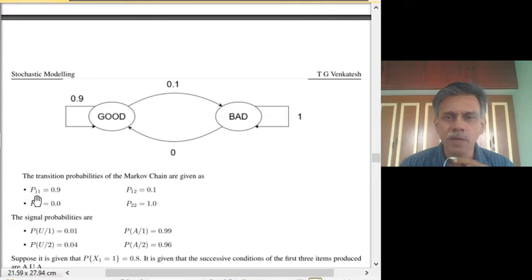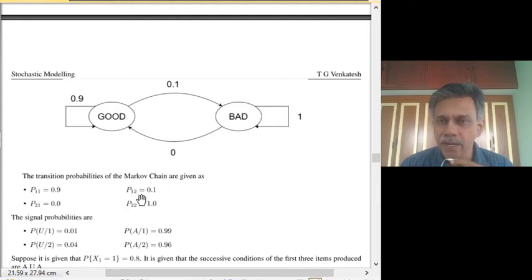And therefore the probability of making a transition from 1 to 1, that is, a good state to a good state in a unit time step, is 0.9. From the good state to the bad state, that is 1 to 2, is 0.1. Remaining in the good state is what we have seen. Remaining in the bad state is P22, that is 1.0, and switching from the bad state to the good state, that is 2 to 1, is 0. So that is the characterization of the Markov chain.